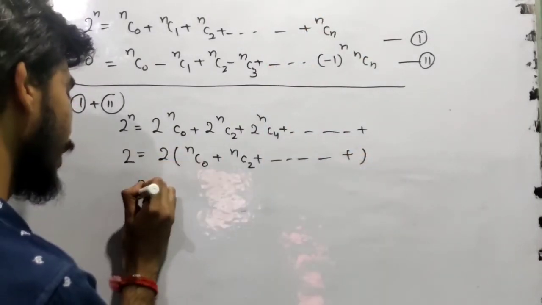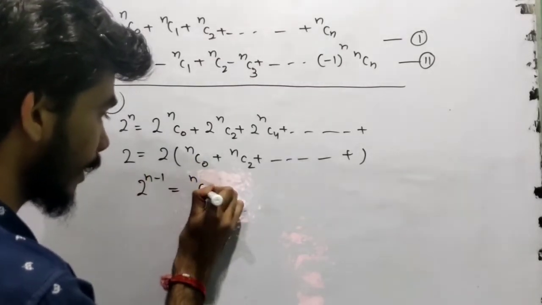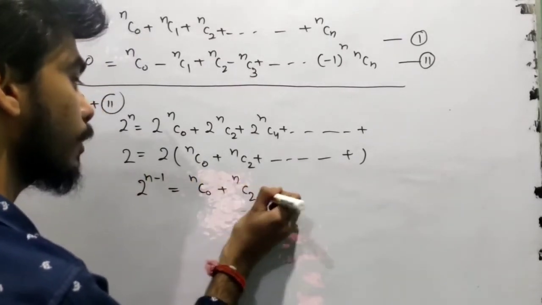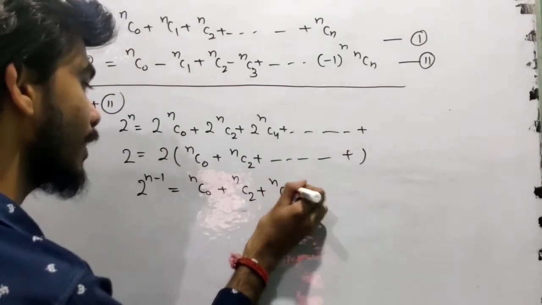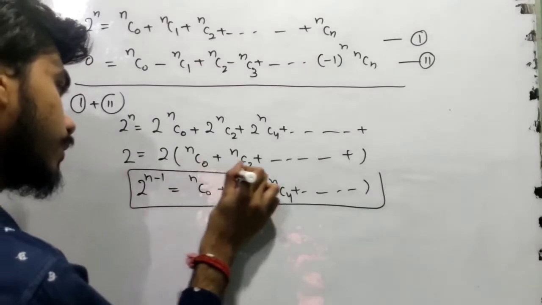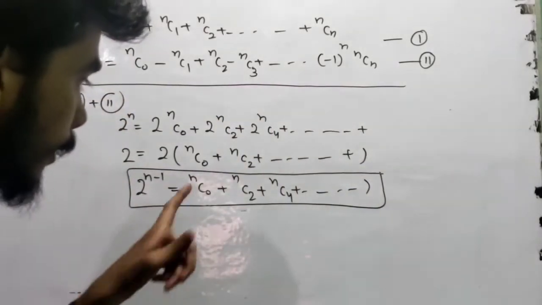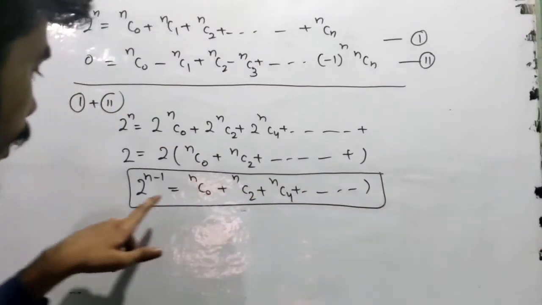So from this you get the sum of even binomial coefficients, nC0 + nC2 + nC4 + nC6 + ..., equals 2 to the power n minus 1.